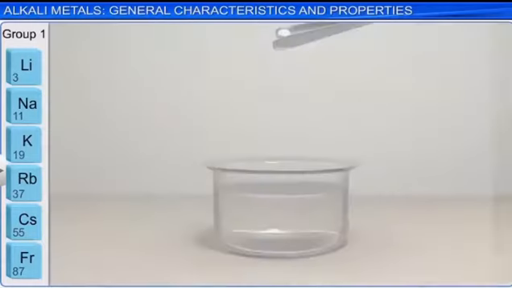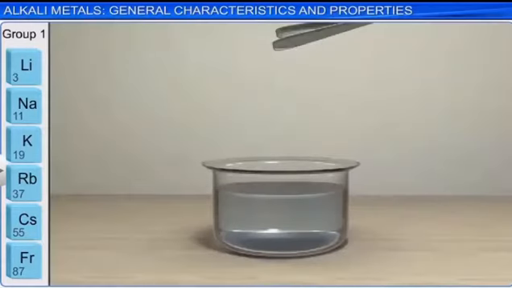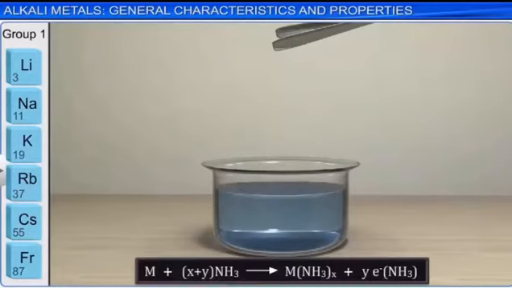The alkali metals will dissolve in liquid ammonia. As the metals dissolve, the resulting solution turns blue, as shown in the photograph. The blue color is due to ammoniated electrons, which absorb visible light.